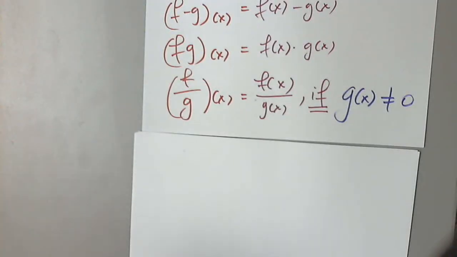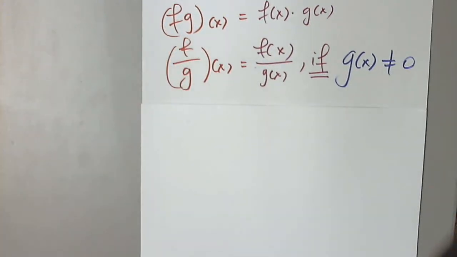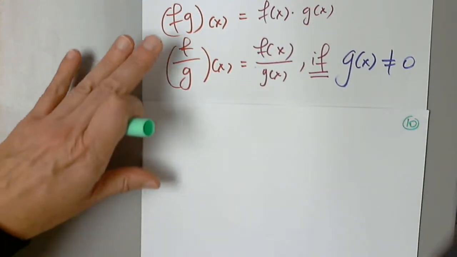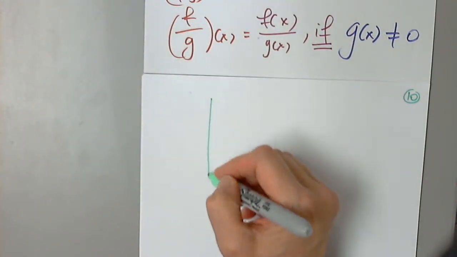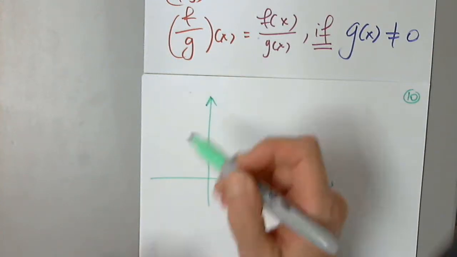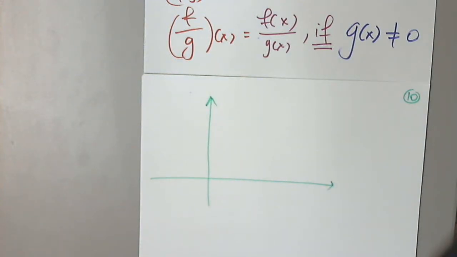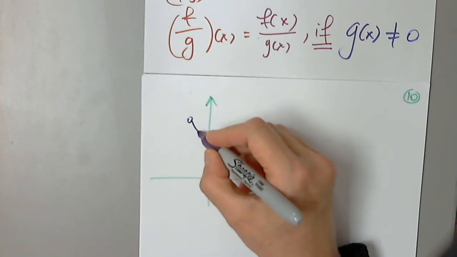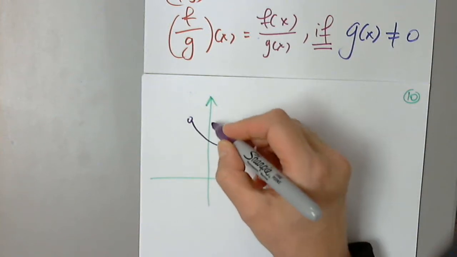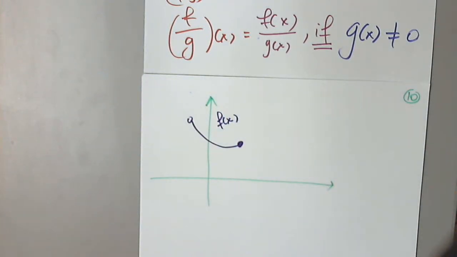Also, I want to caution you on something very important before you select. If you selected, that's fine. Please let me know. Here's a situation with two functions, and I'm going to graph them. Here's one function, function f of x.